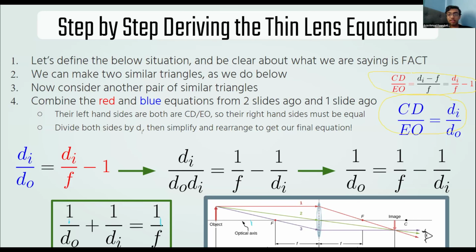So if their left-hand sides are the same, their right-hand sides should also be the same. Does that make sense? If x equals y and y equals z, then x equals z, right? So CD over EO equals DI over F minus 1, which equals DI over DO. So we move down to the bottom left over here and set them equal to each other. Does that make sense why we did that? And how we were able to do that? Transitive property, that's what that's called.